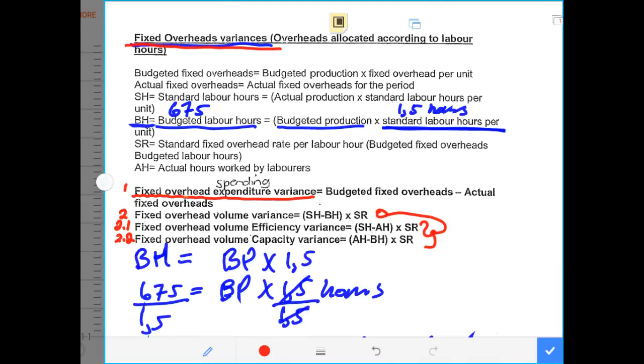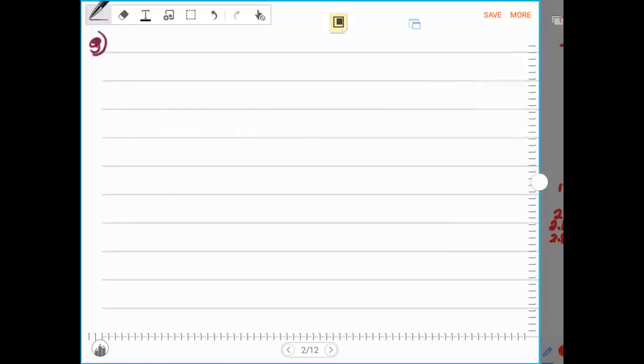So now let us do the fixed overhead expenditure variance, where we do the budgeted fixed overhead minus the actual fixed overhead.